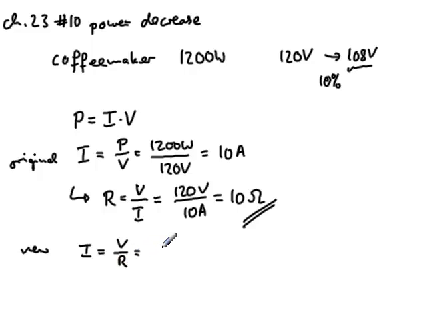So the new voltage is 108 volts. The resistance is still 10 ohms. That's what they say in the problem is the same. Any appliance or electrical part where you don't change its makeup will keep the same resistance, 10 ohms in this case, and I come up with 10.8 amps.